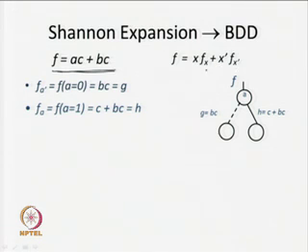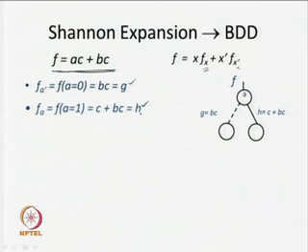That means the functional value of f when x is treated as equal to 1, and the functional value of f when x is equal to 0. I have already said that f of a equal to 0 will be BC, because with a equal to 0 I am going to have BC. And when a is equal to 1, f of a is C plus BC, because 1 into C equals C. Now, the functional value depends on C. So, I say that the first is a sub function G, and the second is sub function H.